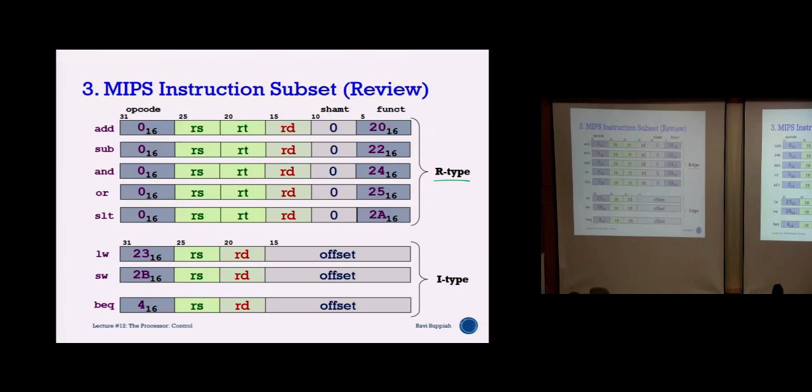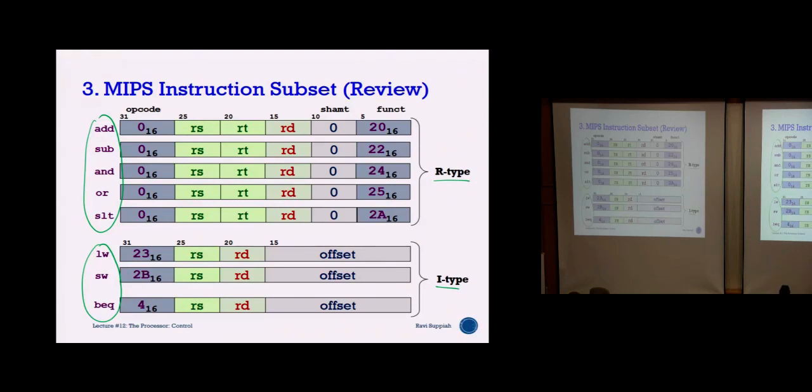The subset is the R-type instructions, which are these, and the I-type instructions, which are these. This is just to have an idea of how the control unit can be designed.